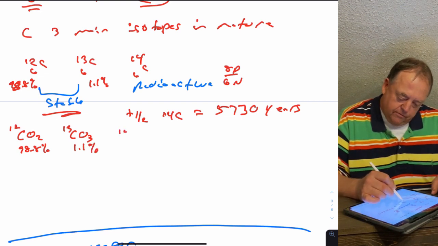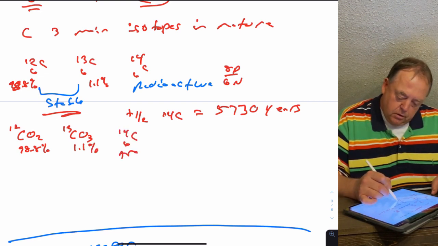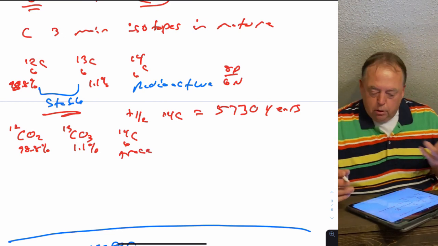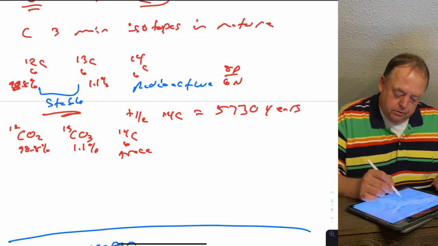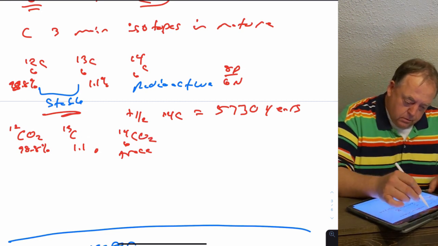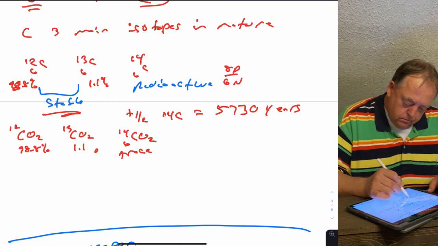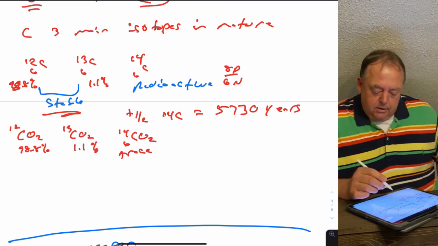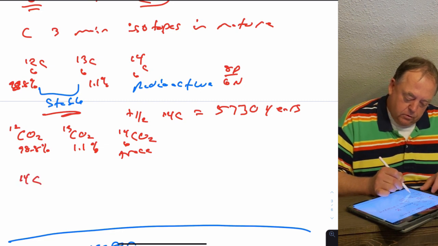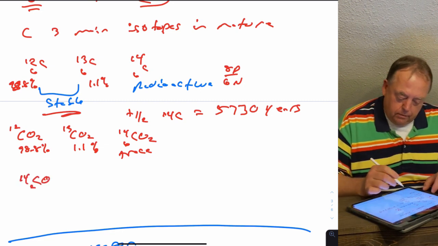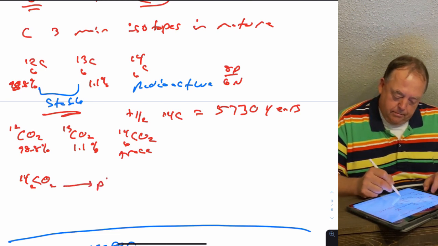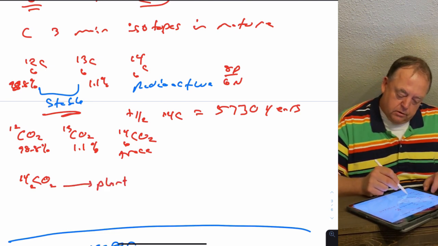But there is some carbon-14 in nature, in trace amounts. And so, how does a plant use CO2, for example? Plants use CO2, right? So if you have some carbon-14 CO2, a plant can take that up through photosynthesis.